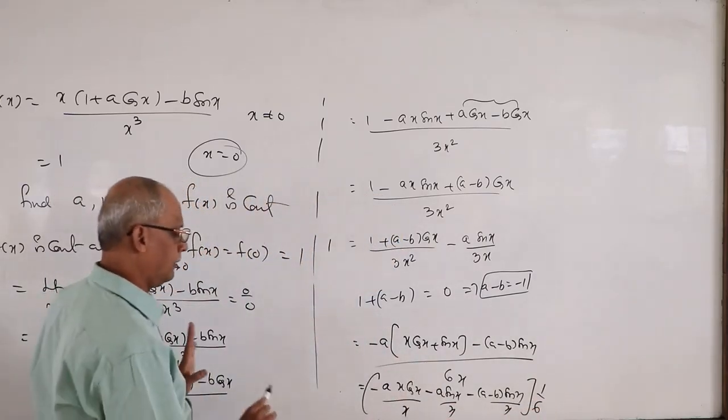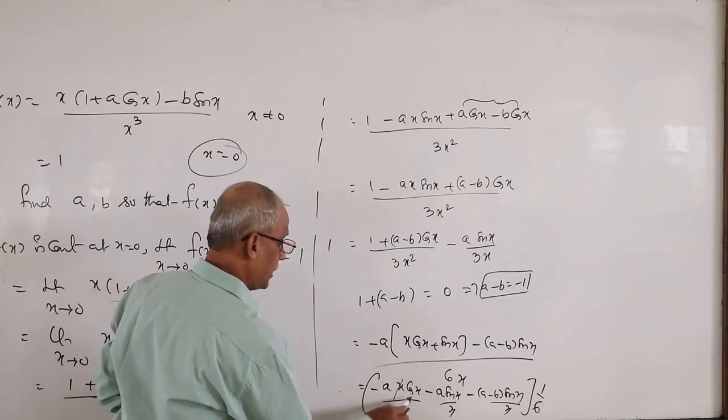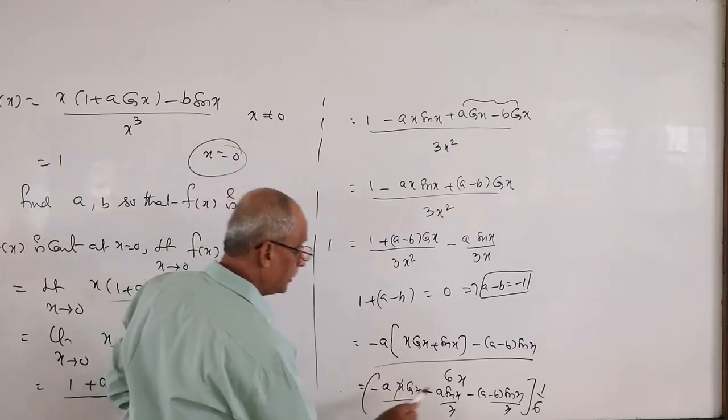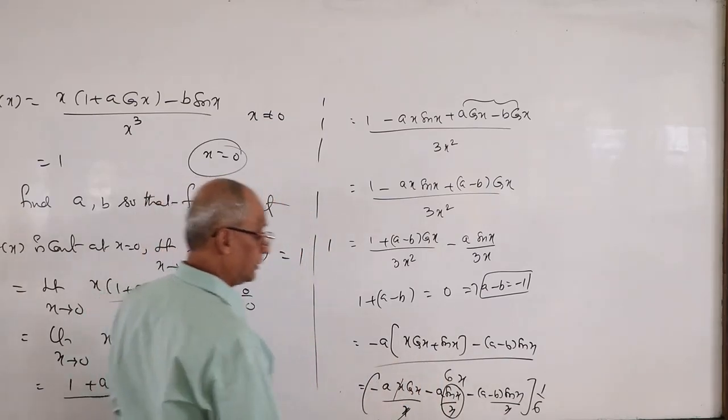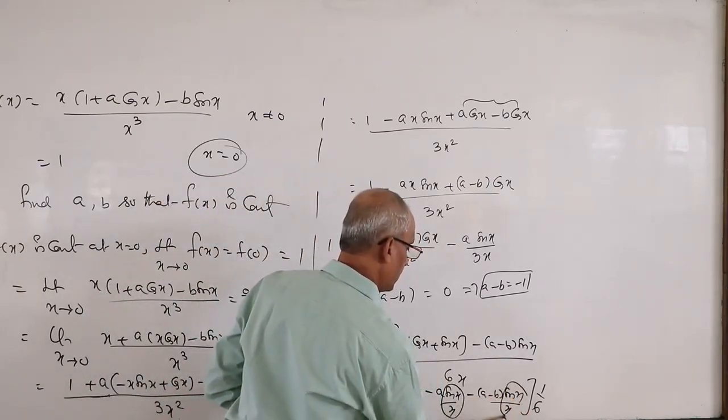Is it defined? x cancels here, cos 0 is 1, okay. Here sin x by x is 1, also defined, also okay. This is also defined.